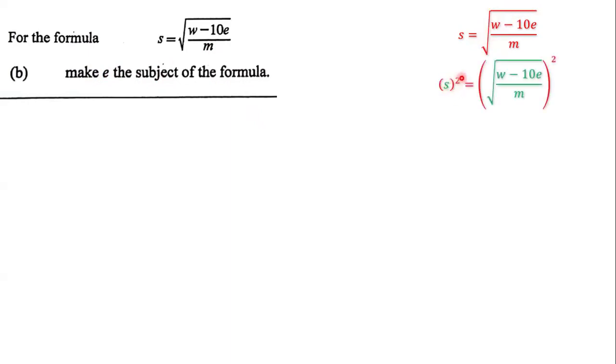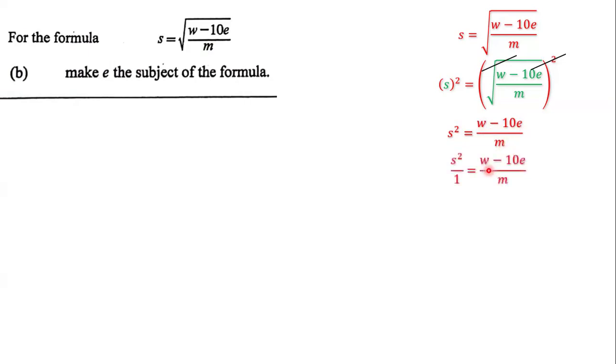So we have S squared, and we have this entire quantity raised to the power of 2. The reason why we do that is because that gives us the opportunity to cancel this square root with this power. And so that means that we are left with S squared is equal to (W minus 10E) all over M. So we got rid of the square root sign.